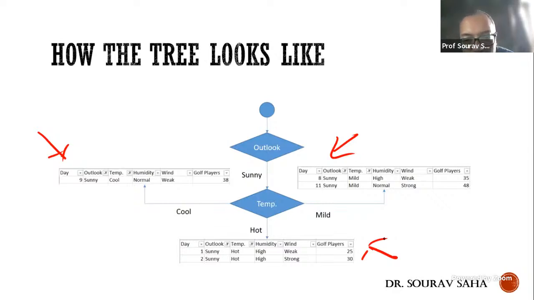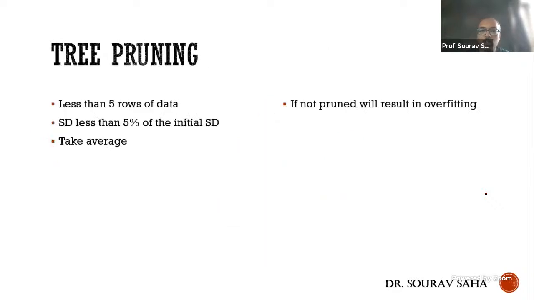And because it is a numeric variable, chances are very few that for all the different conditions the values are going to be the same. Very few chances that both will have a value of 30, or both 35. Again, when we split this further, we will be left with one record in the terminal nodes.